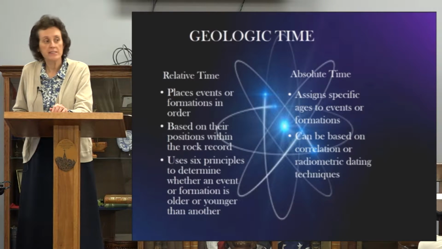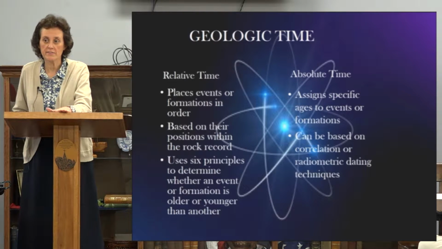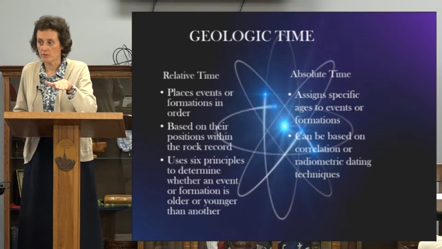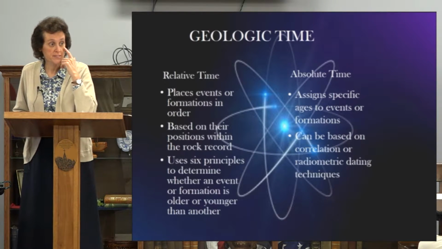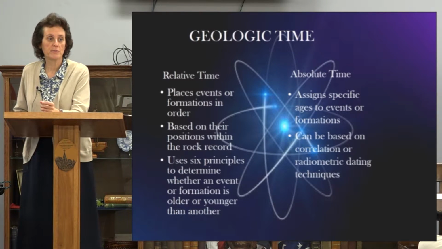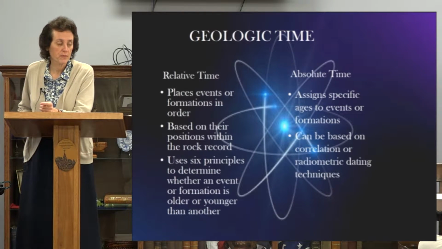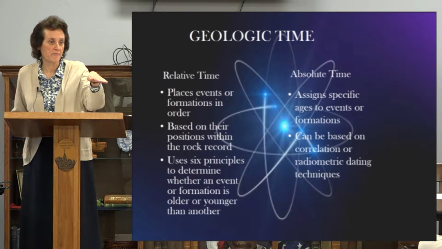Okay, so here's the relative time. Here's the idea of the six principles. Relative time is going to just put things in order, oldest to youngest, and it uses six principles. There are three that you should be familiar with. The first one is the idea that sediment layers are laid down flat, original horizontality.